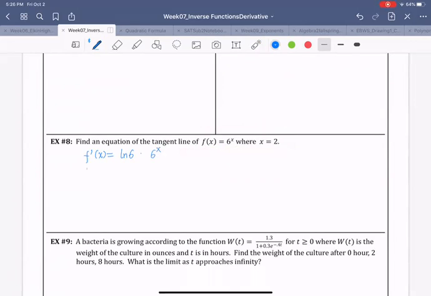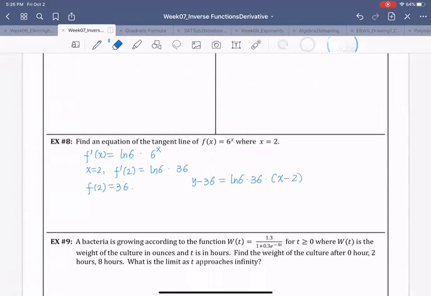When x equals 2, f prime of 2 equals ln 6 times 36. At x equals 2, f(2) equals 36. So you are going to have y minus 36 equals ln 6 times 36 times x minus 2.